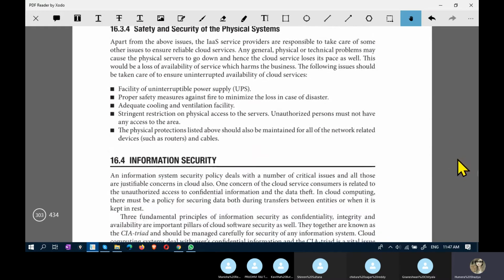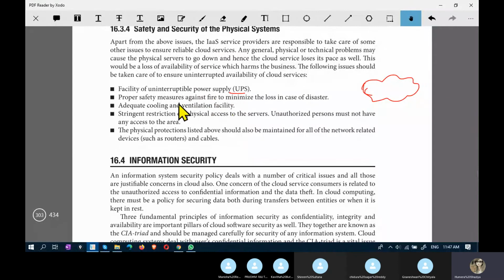Safety and security of the physical system. You have a cloud. So far we discussed how to logically protect it, but in order to protect it physically, you need to have UPS, because spontaneous power failures or voltage fluctuations will cause physical damage.